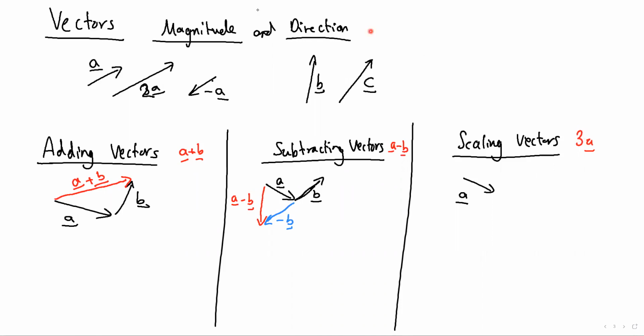If we wanted to find 3A, it would just be the same as having A plus A plus A, because 3A is just A plus A plus A. So 3A would actually be that. So it'd be 3 times the size of A.